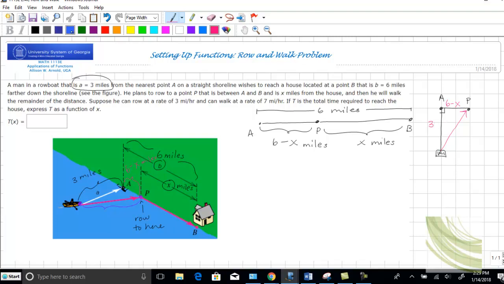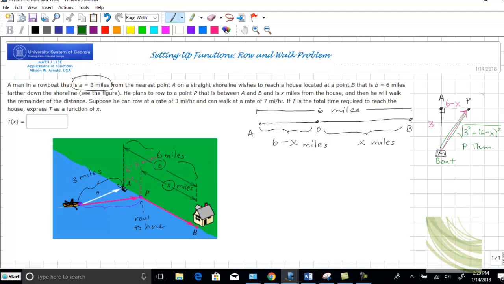So if you apply the Pythagorean theorem to get from the boat to P, then this distance will be the square root of the sum of the squares of the other 2 legs. So again, that's from the Pythagorean theorem. Okay, so hypotenuse squared is 3 squared plus (6 minus x) squared, and then you solve for the hypotenuse. So these are the things that we know.